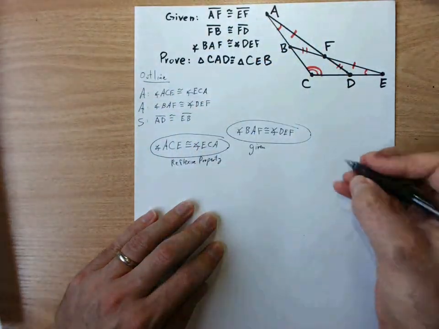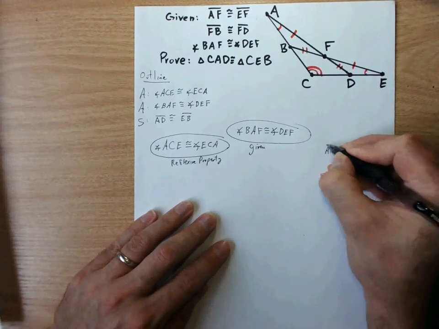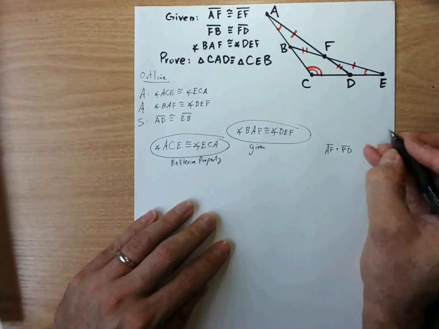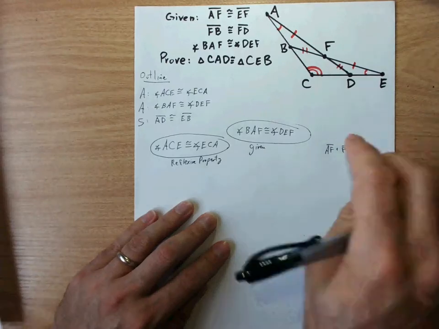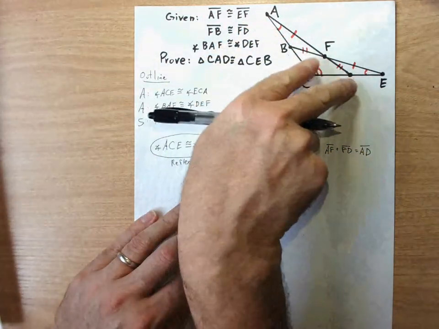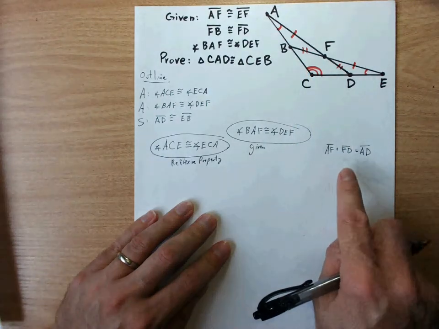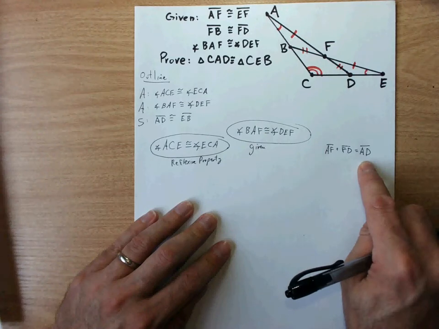So I need to say that, okay? So the way that I'm going to write that is segment AF plus segment FD is equal to segment AD, right? AF plus FD is AD. I want to do the same thing for the other one. If you haven't done that, you may want to pause right here and see if you can write it for the other triangle. Okay, pause here.